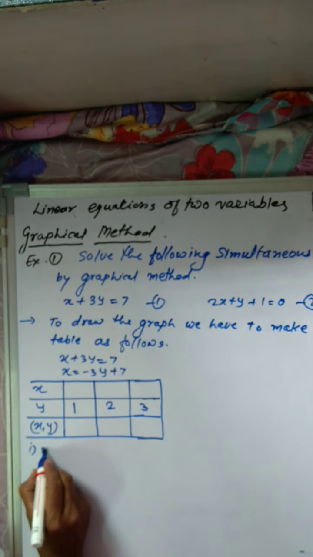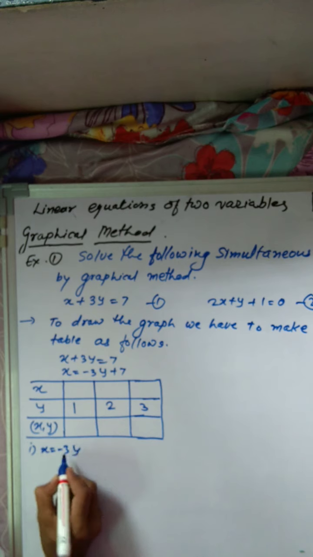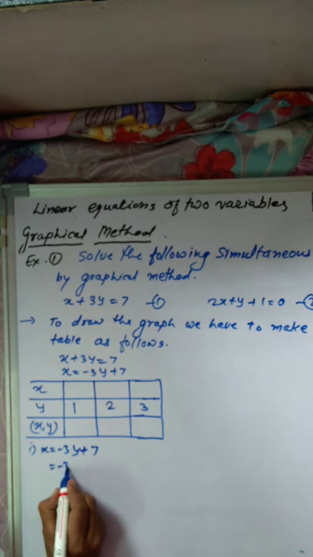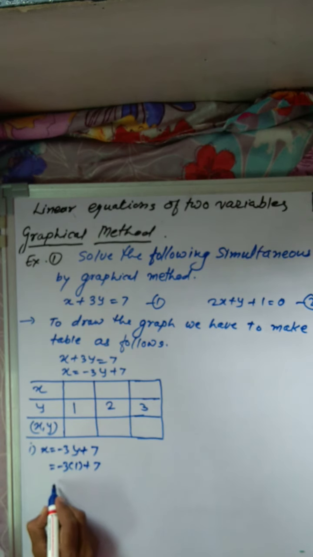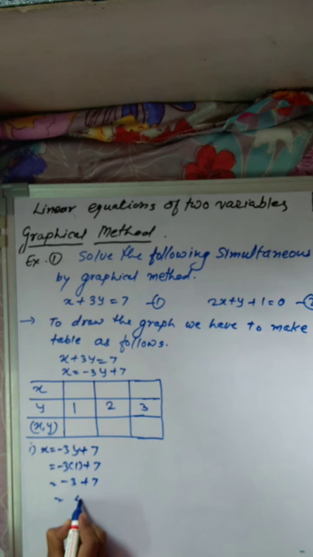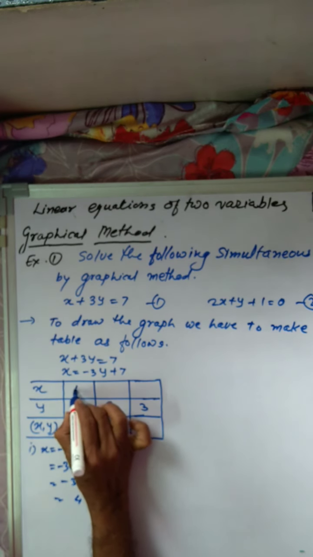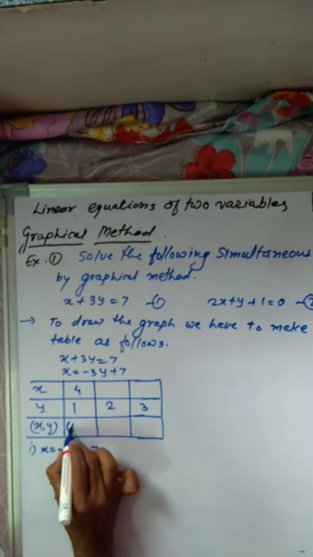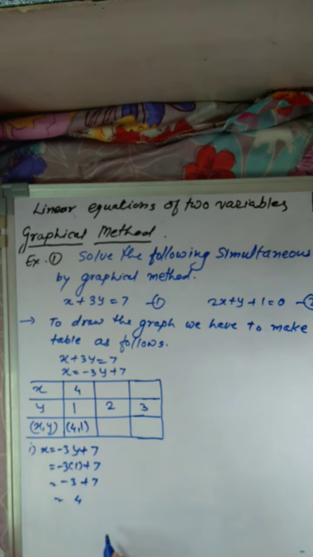First, x is equal to minus 3y plus 7. Put 1 here. We get minus 3 into 1 plus 7, that means minus 3 plus 7, which is 4. That means x is 4. The point coordinates are 4, 1.